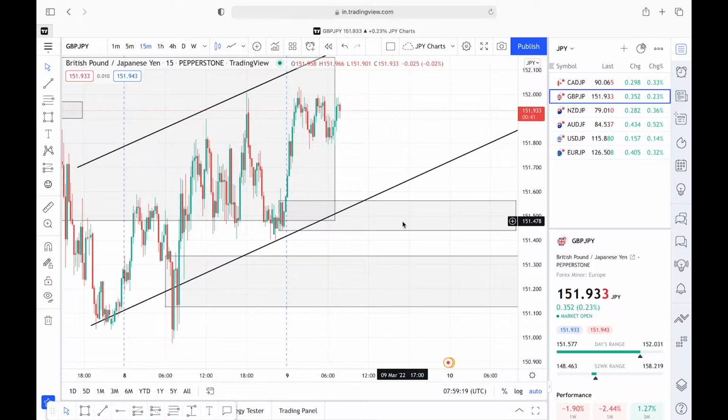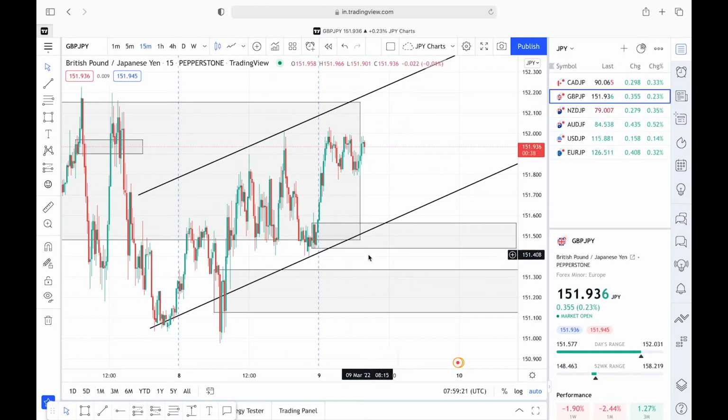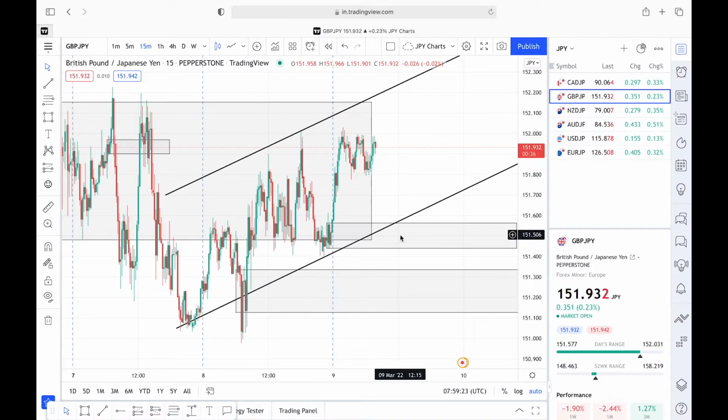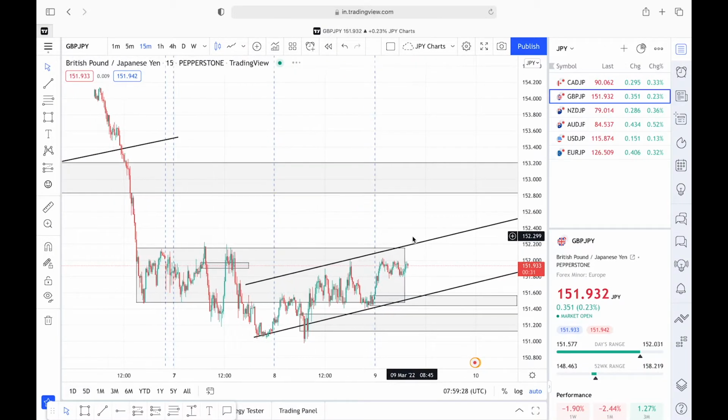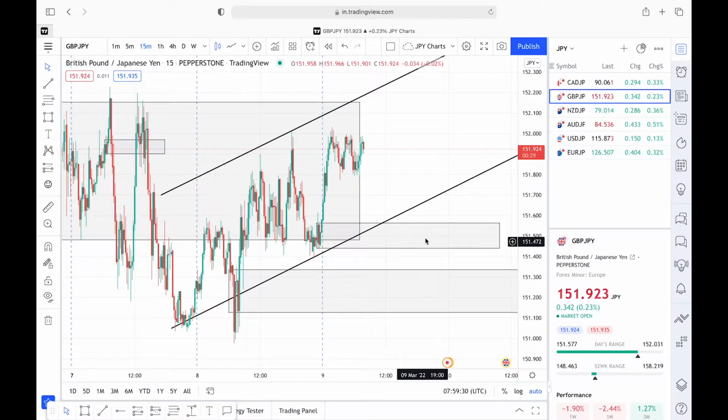Okay, so I have 2 points of interest here. I got here and I got here. But I'm more interested in this one. This one is an unmitigated order block.